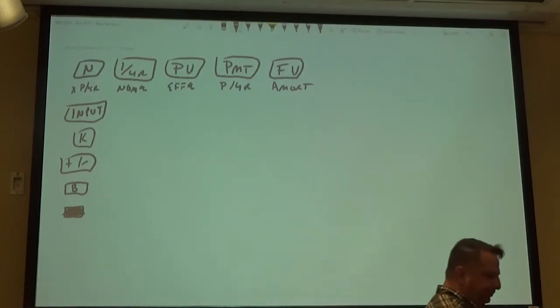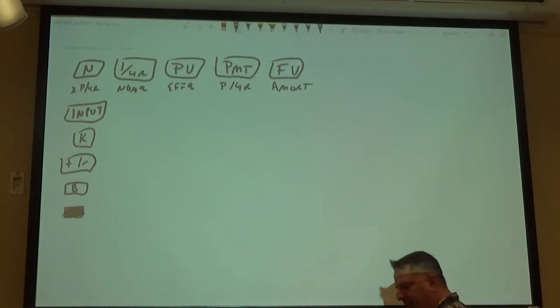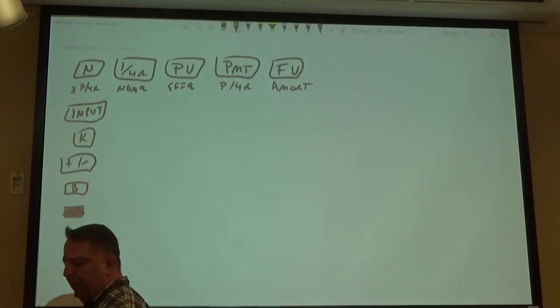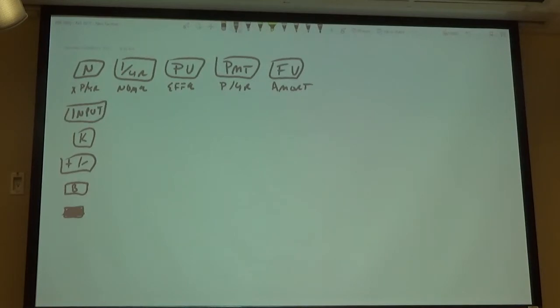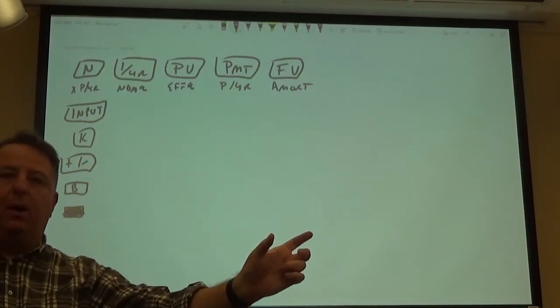The N key refers to the number of periods that you're going to be looking at for whatever problem it is. This could be number of years, number of months, number of days, a whole number of things, but it's the number of periods. And I use that term very precisely because it does matter whether we're thinking about it in terms of number of years versus number of months.